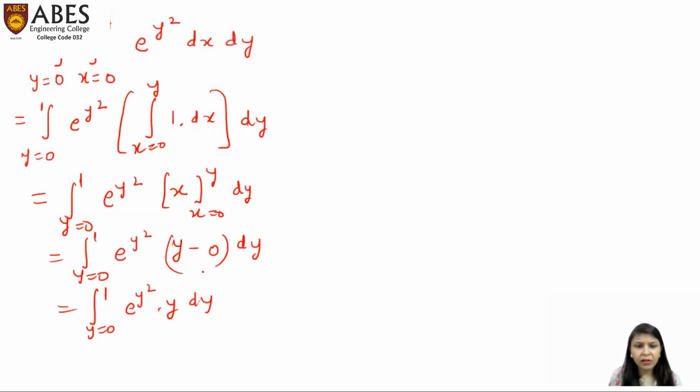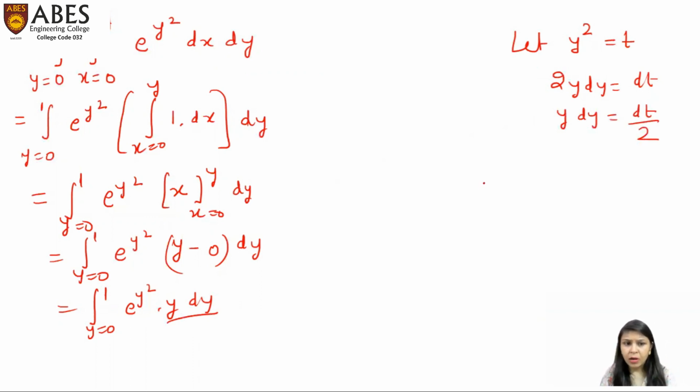So can we solve this? Yes, we can use the substitution method. Let y square equal t. Then 2y dy equals dt, so the value of y dy will be dt upon 2. We have to find out the limit in terms of t also.